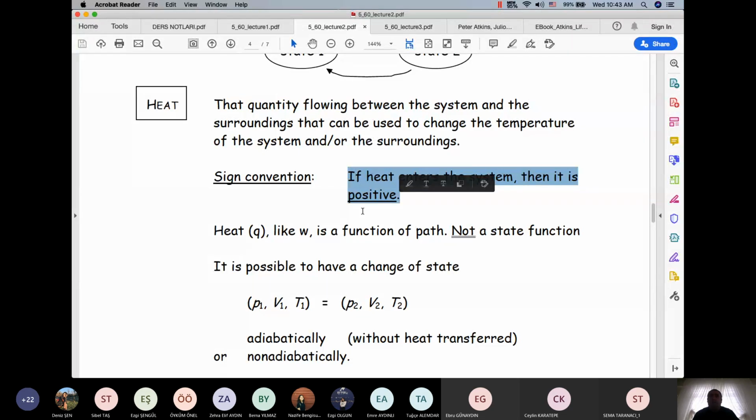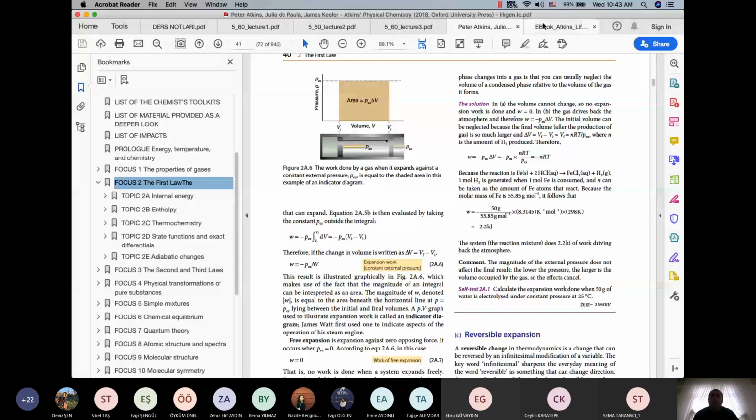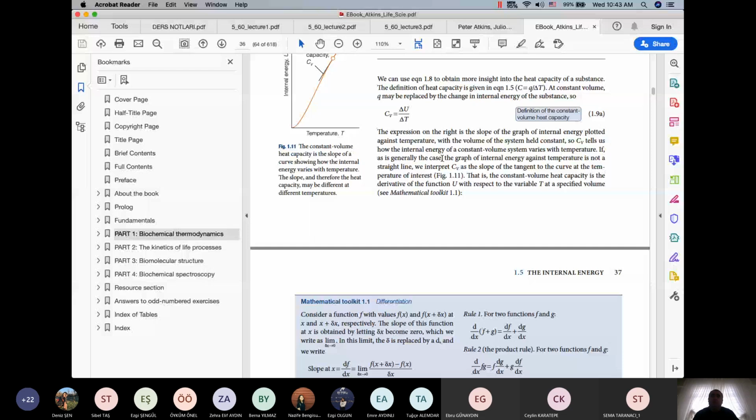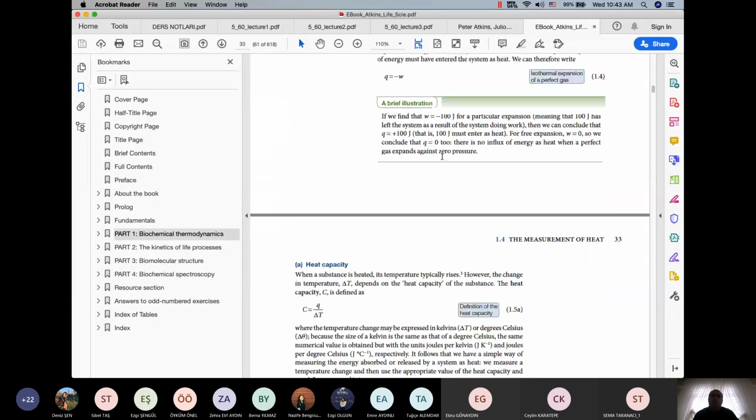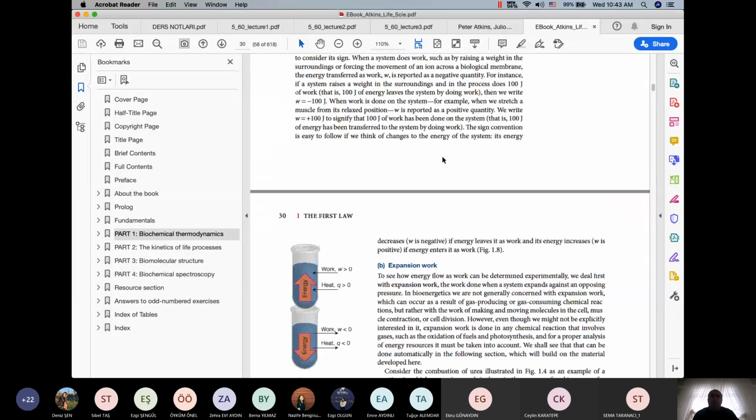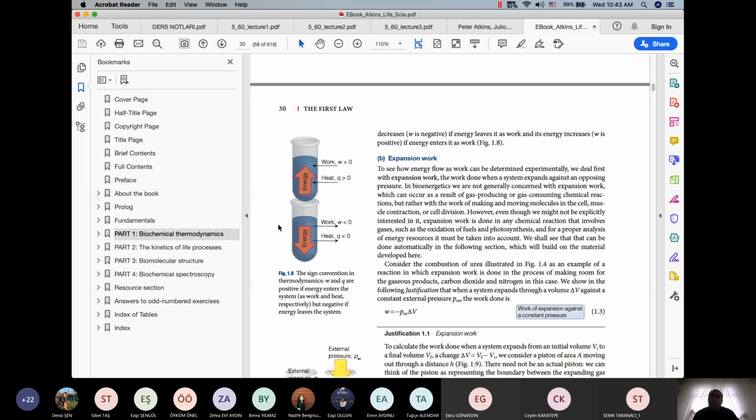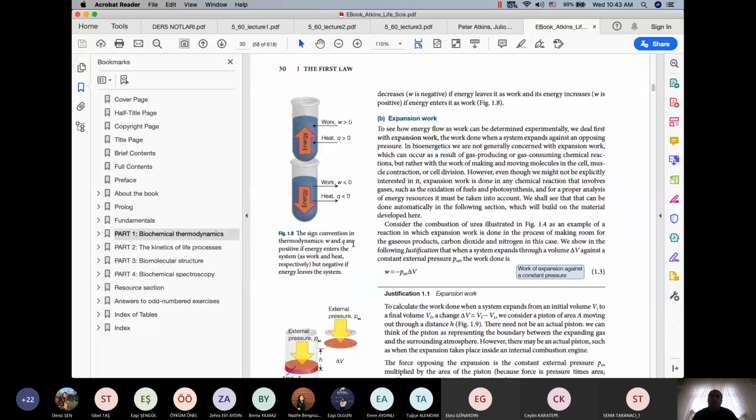If the system loses heat, actually this picture shows it better. Work is going in plus, heat is going in plus, work is going out minus, heat is going out minus.